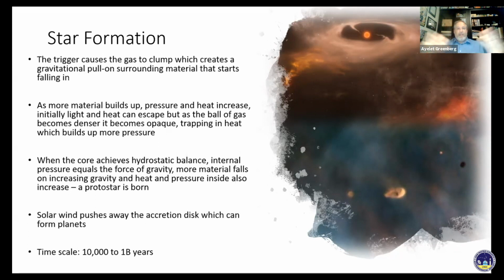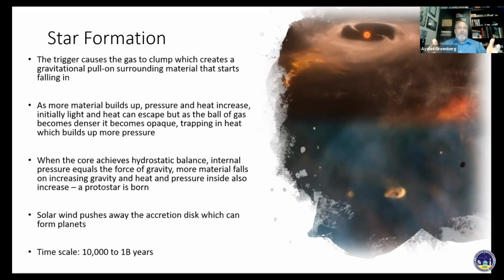Initially light is getting out, but as more material starts collapsing on this little ball of gas that we're creating here, it gets more opaque, and now it's trapping in the heat. And ultimately, we get to a point where more material is falling onto this ball of gas, and as it does, the core is contracting and producing more energy, more pressure to balance out that gravity.